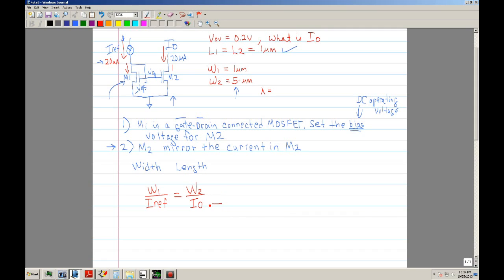We want to know what Iout is if M2 is 5 times bigger, so you can solve this for Iout.